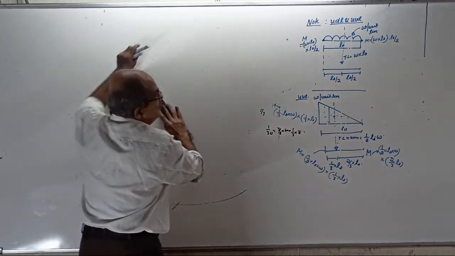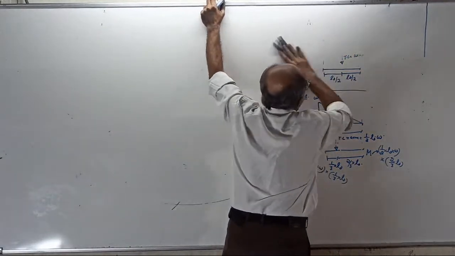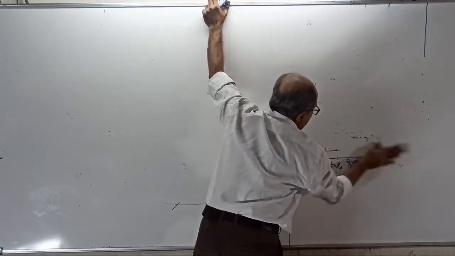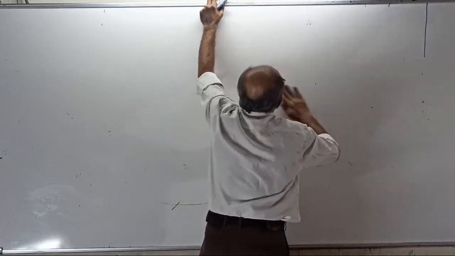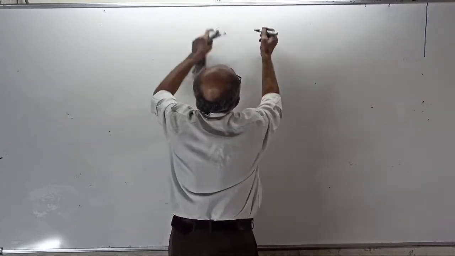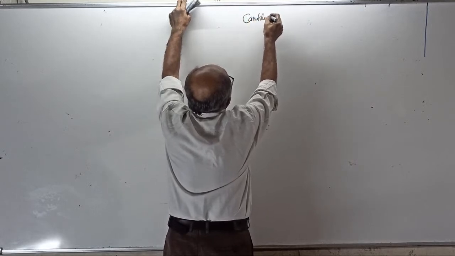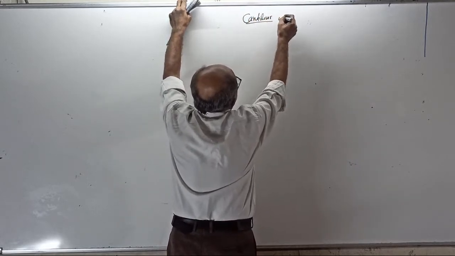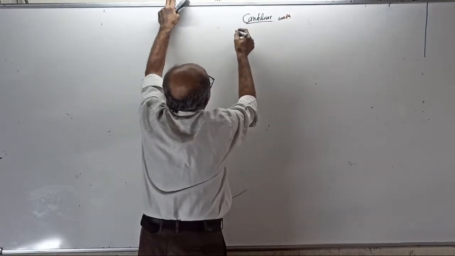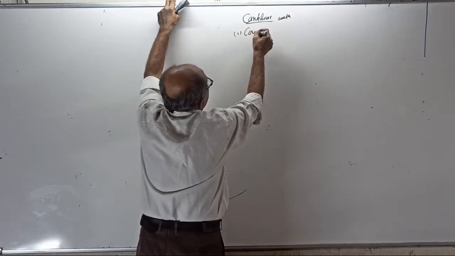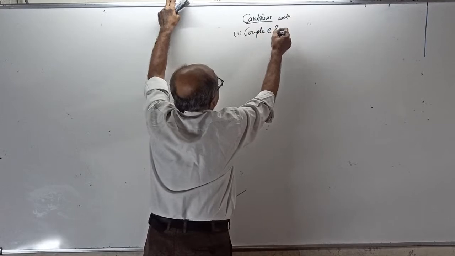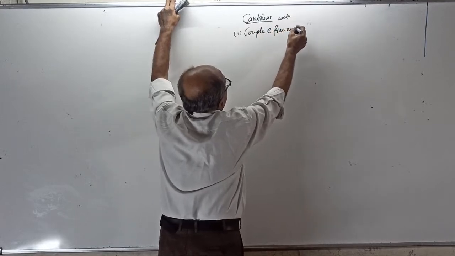See now, this also I will remove now. Okay, now I am going to put a standard formula here. See, correctly see. Cantilever with one couple at free end.